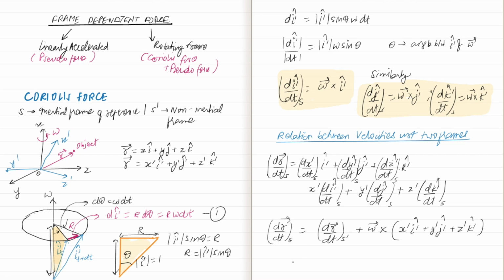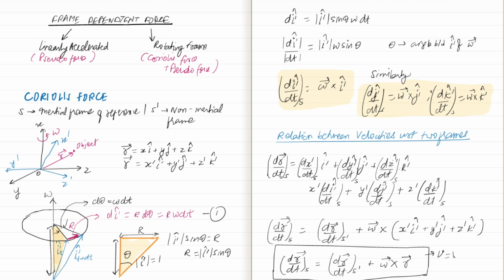So we have the relation dr by dt with respect to the inertial frame is equal to dr by dt with respect to the rotating non-inertial frame, plus we have omega cross r vector. So this is one important relation which connects the velocity between the two frames. So velocity, we can also write it as v is equal to v dash plus omega cross r. So this was the relation between velocities between two frames.